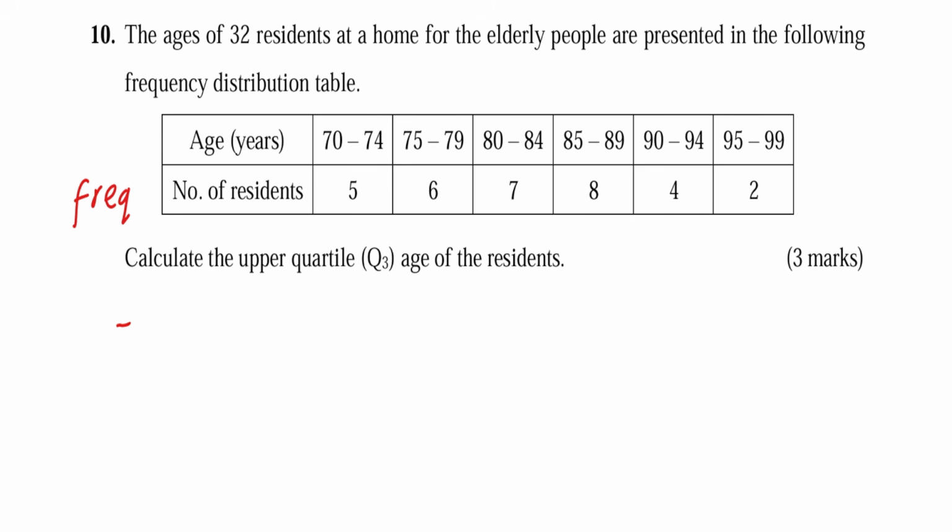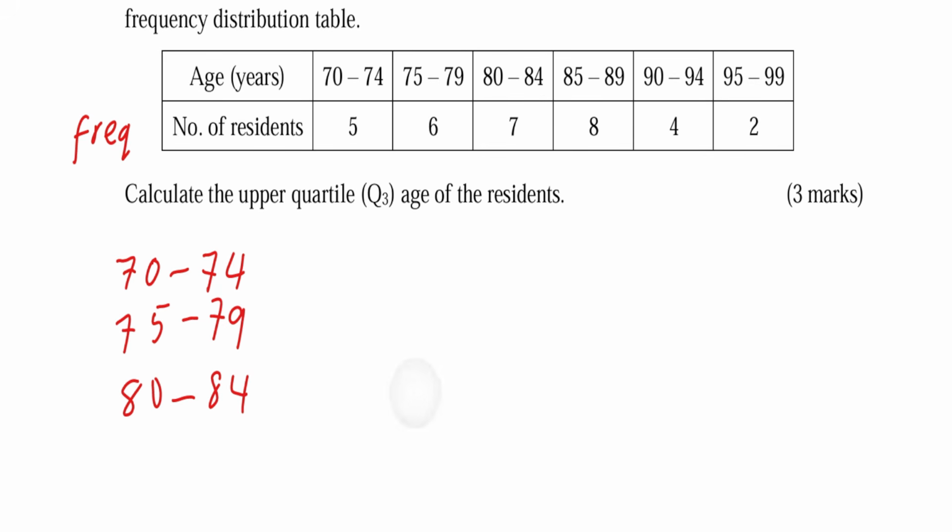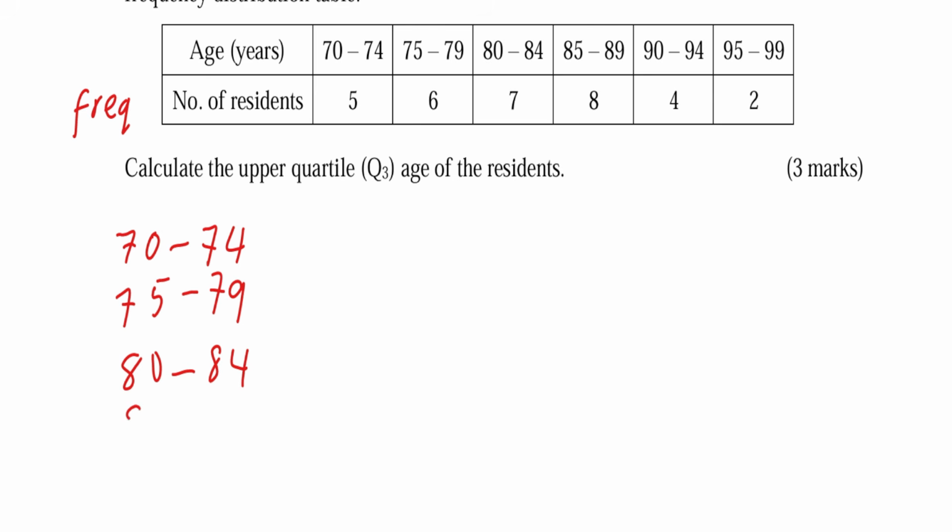Now for the number of years, let's sort this out. Let me write it in this way: 75 to 79. We have 80 to 84. We also have 85 to 89. Okay, we have 90 to 94, and lastly 95 to 99.